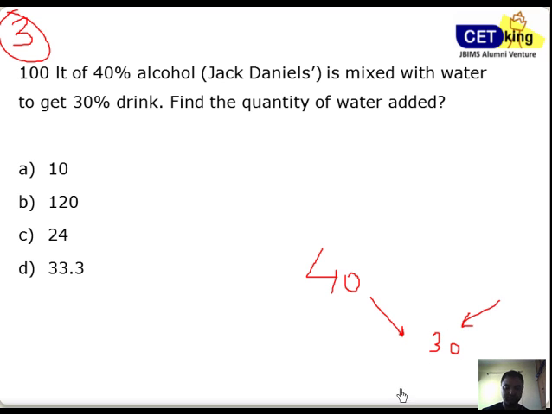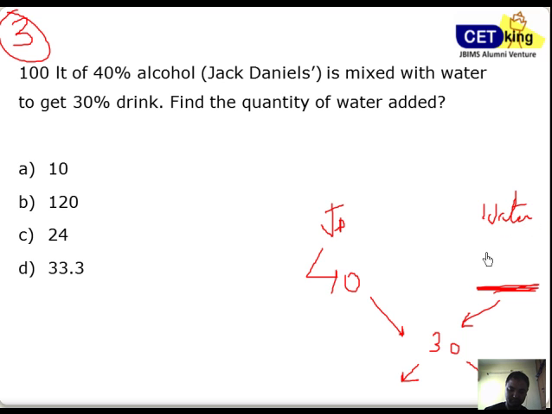Now this is a typical question where you don't know the second half. What will you do? This is 40% alcohol, Jack Daniels. The only thing on the board should be alcohol. So 40% alcohol, 30% alcohol. This side is water. Water means how much percent alcohol?